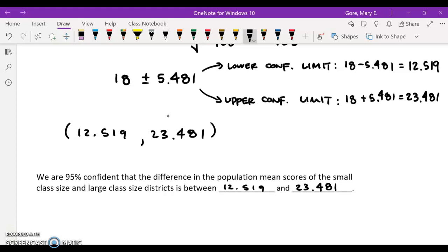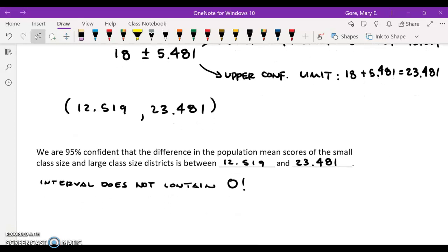What I do notice about this before I close out this video is that the interval itself does not contain 0. So when I think about all the possible intervals that could happen, this is saying I'm 95% confident that the true difference does not contain 0.